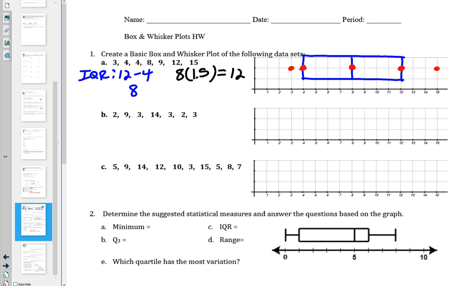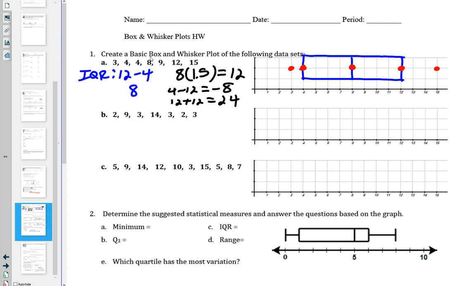So if anything falls either 12 less than Q1 or 12 greater than Q3, then it would be an outlier. Since Q1 is 4, 4 minus 12 is negative 8, and Q3 is 12, 12 plus 12 is 24. Does anything fall outside of negative 8 and 24? No, so you can give them the whiskers.